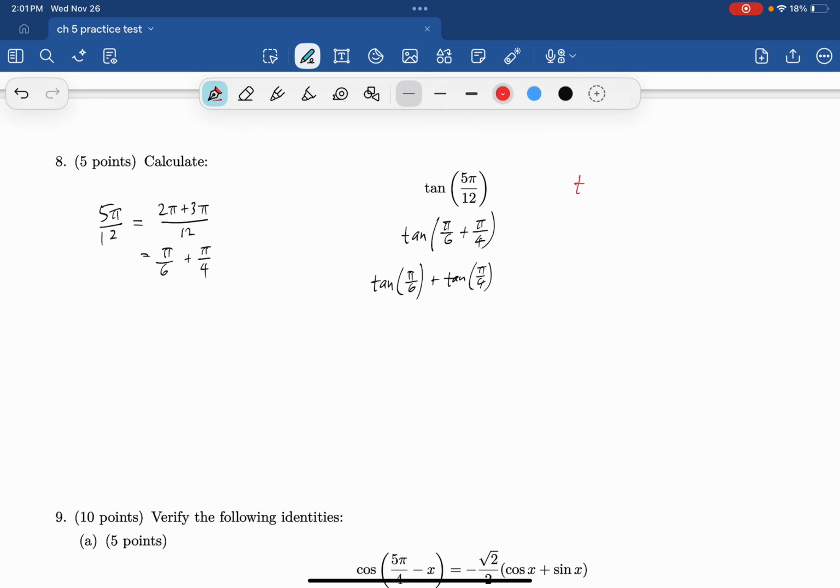All right, remember, tangent x plus y equals tangent x plus tangent y over 1 minus tan x tan y. Make sure to get those signs right, especially don't forget the minus sign in the denominator.